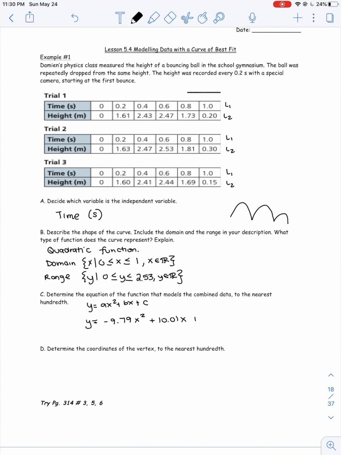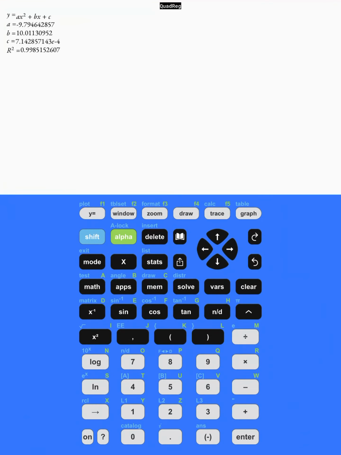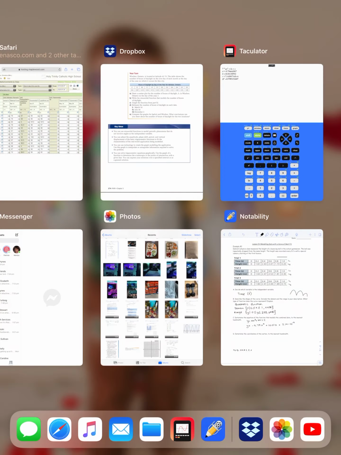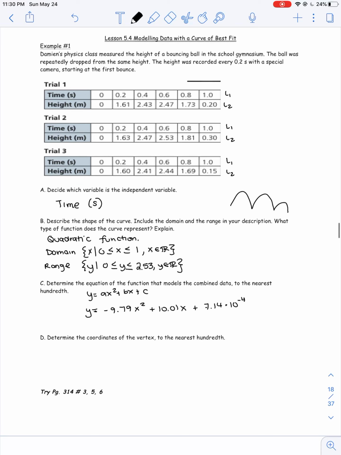So you're going to have to put 7.14 times 10 to the power of negative 4. If you see in my equation, it says 7.14 times e to the negative 4. You need to include that as your constant. So this is the equation to the nearest hundredth that models the data.